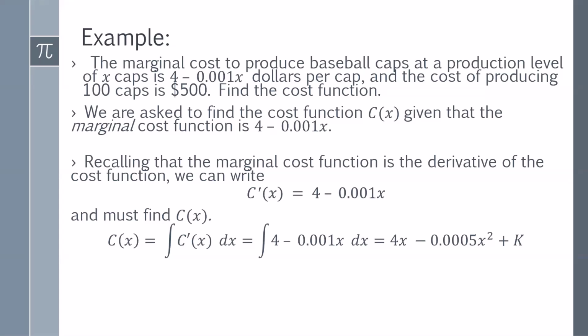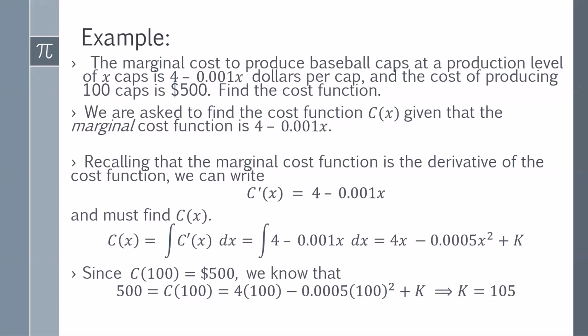We also know something about this constant. We know that 100 caps costs us $500. So if we look at c of 100, that should be equal to 500.